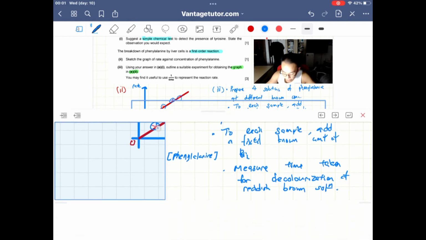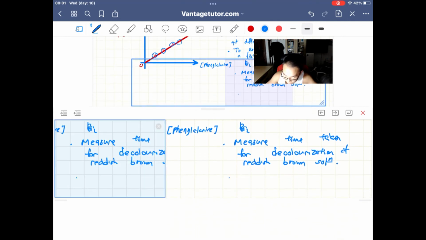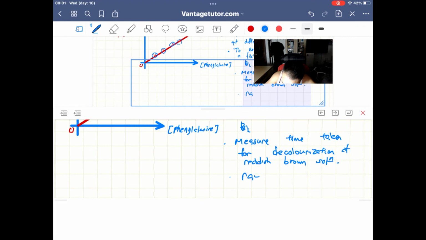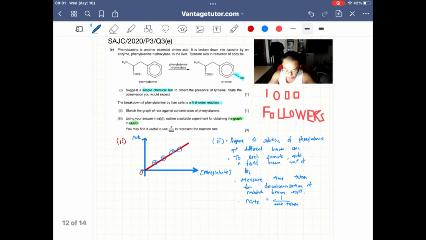Then subsequently the last part is just basically measuring your rate. So rate is equal to 1 over time taken, which is actually something given in the question already. Okay, it's right here. So that's the end of this question.